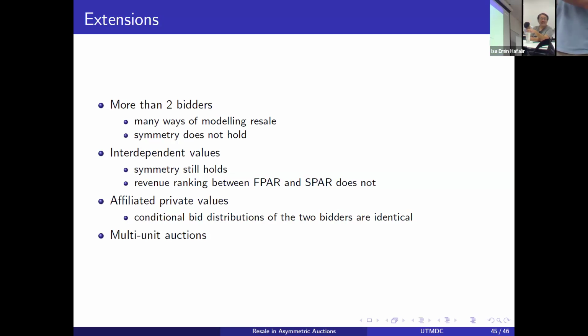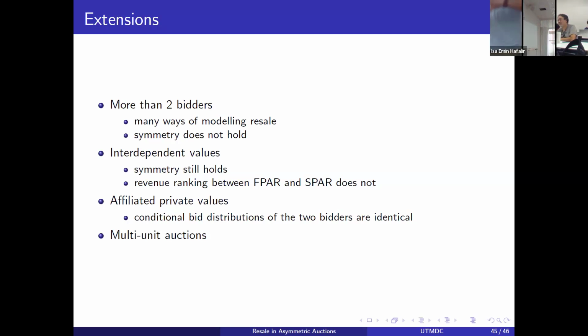It tries to do it for more than 2 agents, and the question is, let's say that there are 3 bidders and I have the object. Now there are 2 potential buyers. What's the resale mechanism? There are many complications. But in general, even when you consider simple resale mechanisms, it turns out the symmetry result doesn't hold anymore.